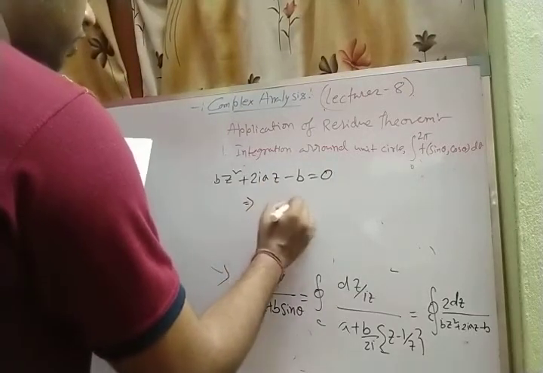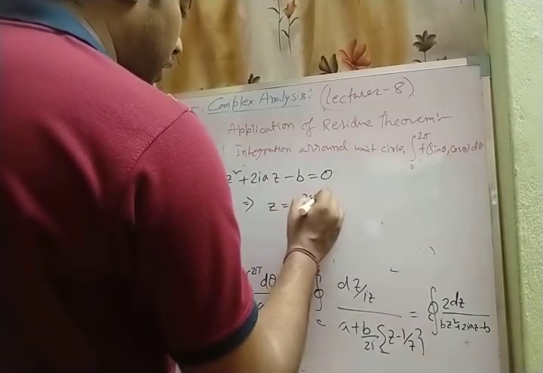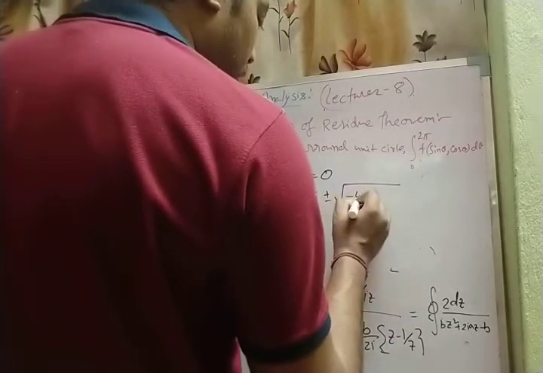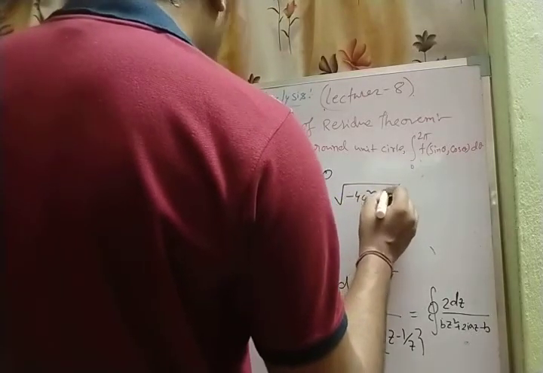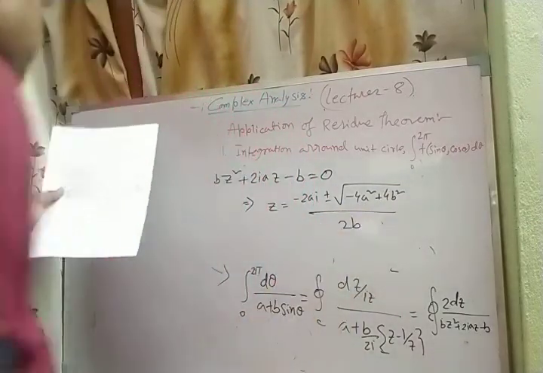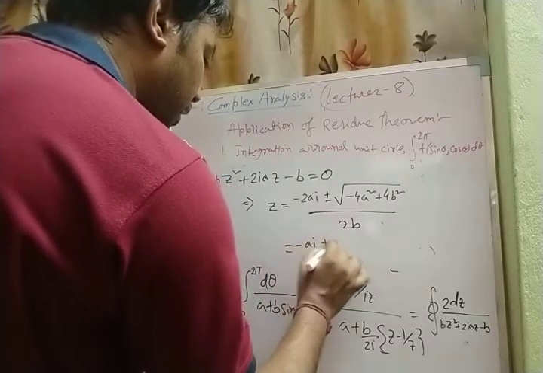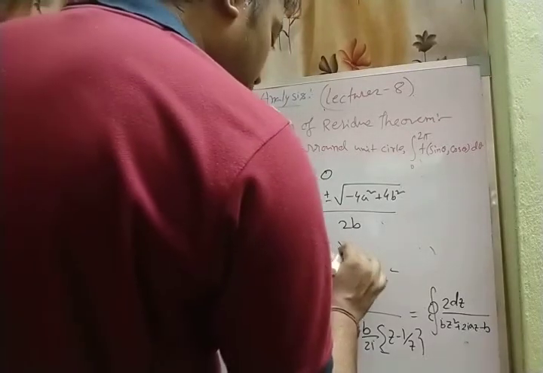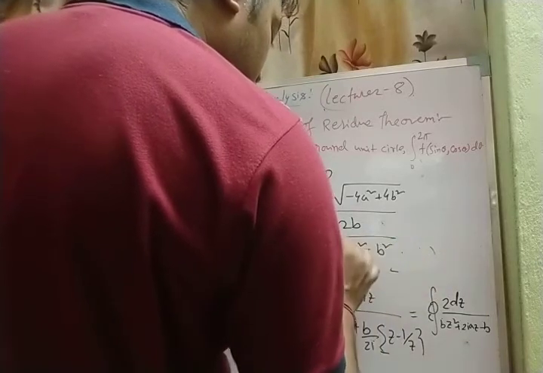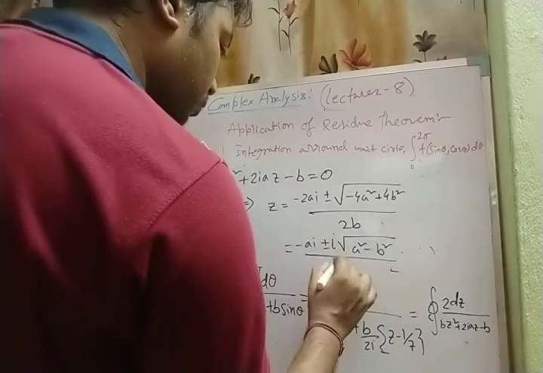So by using Sridharacharya's formula, we can find z equals minus 2ai plus or minus root over of minus 4a square plus 4b square, by 2b, or minus ai plus or minus root over of a square minus b square into i, by b.